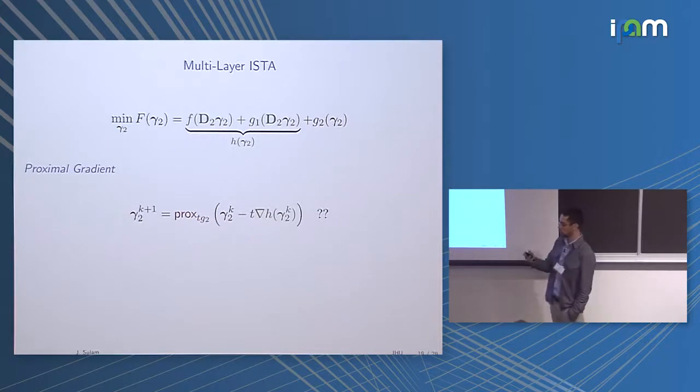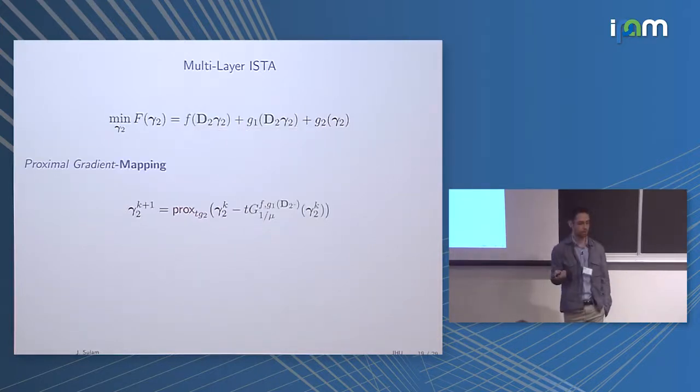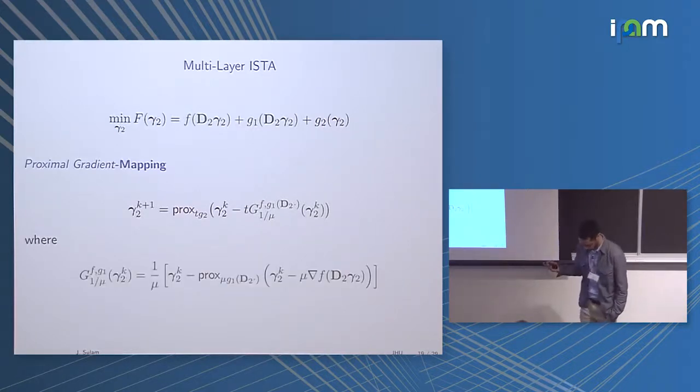So instead, what we're going to do is, instead of the gradient, we're going to use the gradient mapping. The gradient mapping, for those who might not know, is the difference between the variable and the prox grad of that variable. So it's gamma minus the prox of gamma minus the gradient of f.